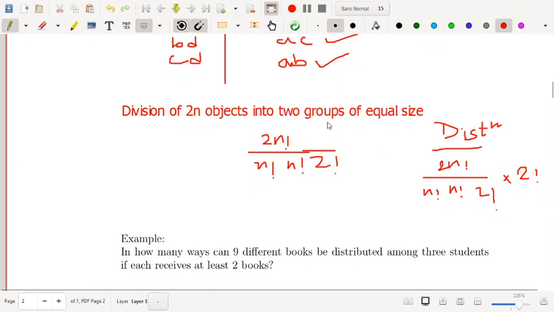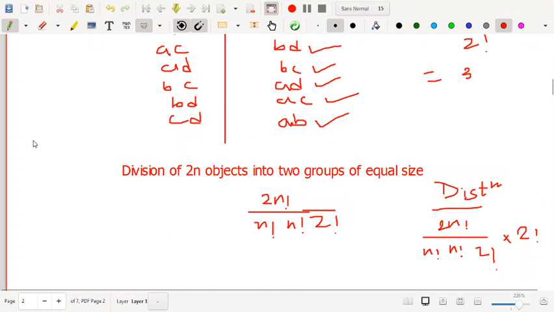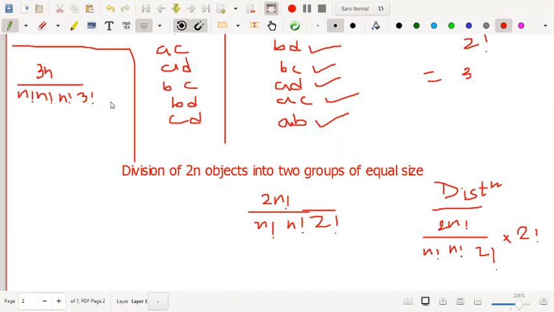So this is how your division of objects works. Here I will explain for 3n objects. Suppose your 3n objects have equal division: factorial 3n by factorial n, factorial n, factorial n, divided by factorial 3, as already explained, for equal division there is a factorial 3. Now if this is given to 3 persons, that is distribution, then into factorial 3.